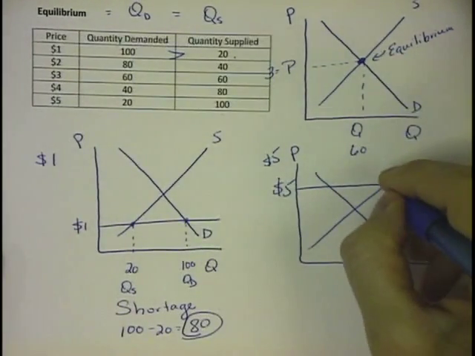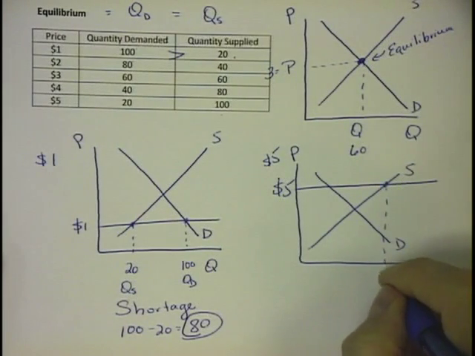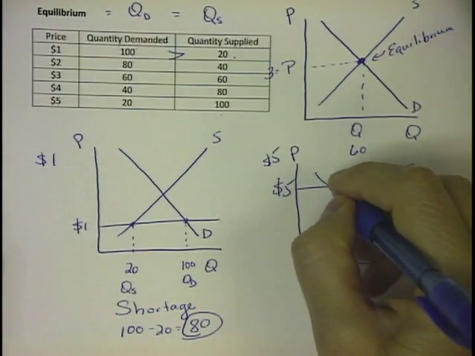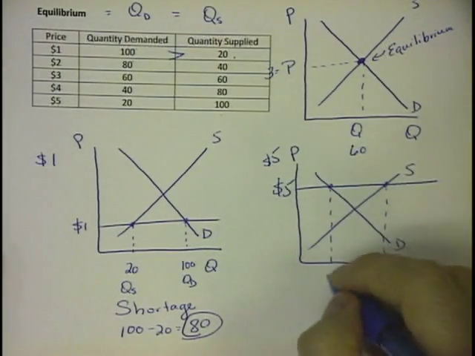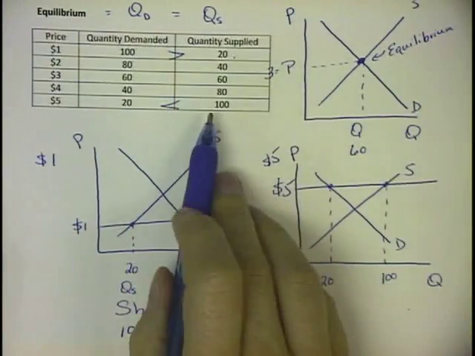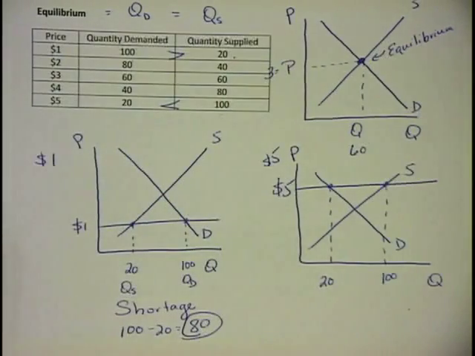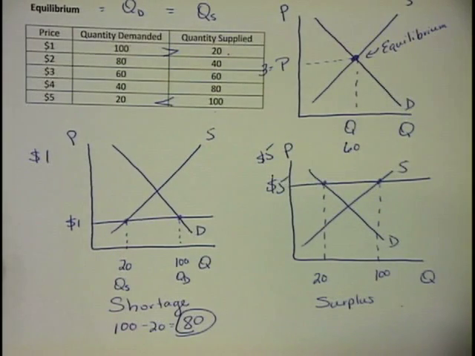How much are we willing to sell at $5? We're willing to sell 100. How much we're willing to buy at $5 is only 20. So in this situation where quantity supplied is greater than quantity demanded, this is called a surplus. More people want to sell than are willing to buy.